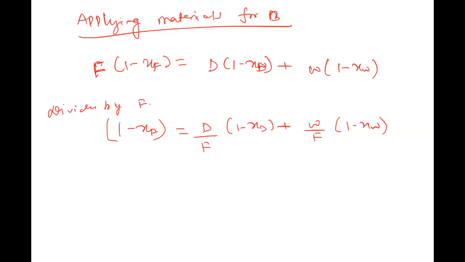So here we can write W by F into 1 minus XW equal to 1 minus XF minus D by F into 1 minus XD. Is it clear to all of you?